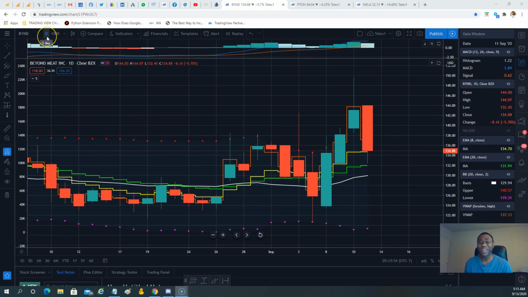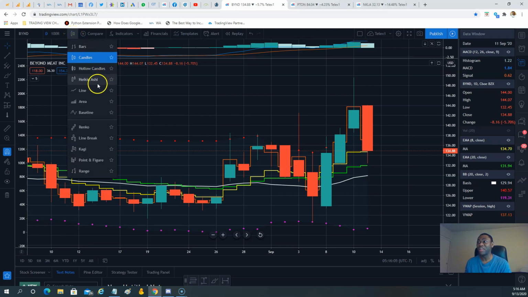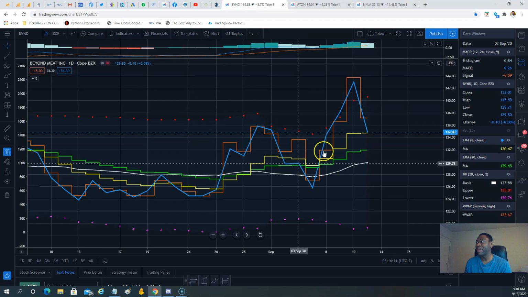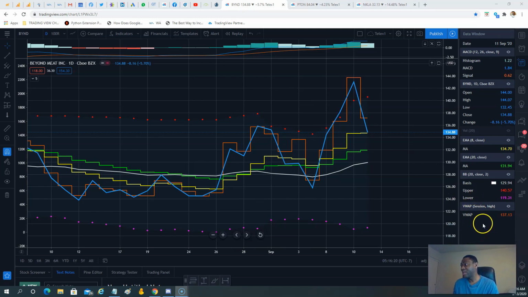Let's take a look at all the types of charts that exist other than the candlestick. Here inside TradingView, this icon is what I've selected, but let's quickly go on there and show you all of this. The first one that exists is a line. I can turn off some of my indicators so that you can see this easily.